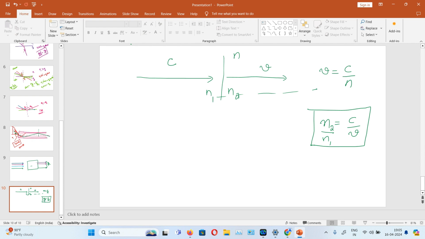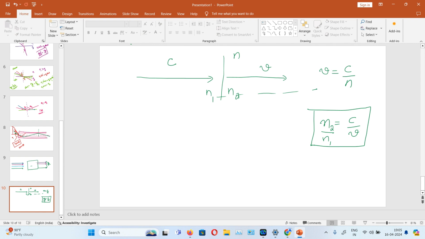Now we can see that c is the maximum speed of light. So c by v will always be greater than 1. So n2 by n1 will always be greater than 1. So n2 has a higher refractive index compared to n1. So whenever light is traveling from a rarer medium to a denser medium, what happens?